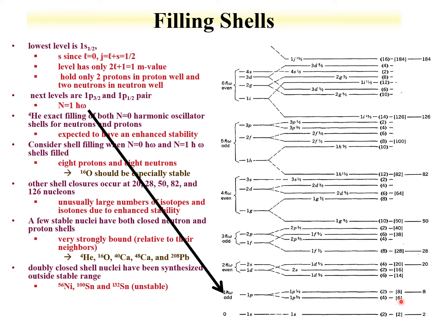The total amount of nucleons will be 6, so this will be either the 6 protons or 6 neutrons completely filling this shell. The P1/2, I can put 2 nucleons, total number of 8, and this is a gap where 8 winds up being a magic number.